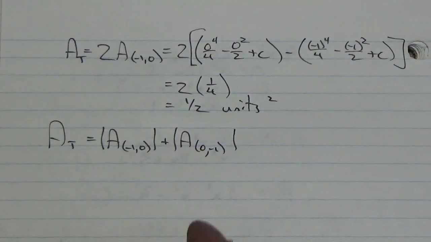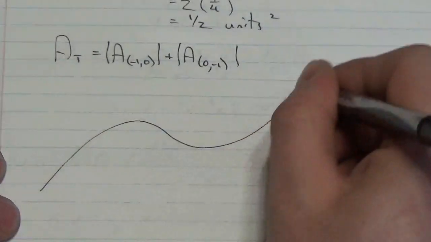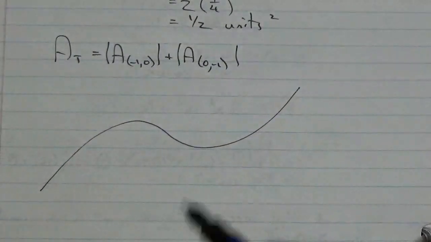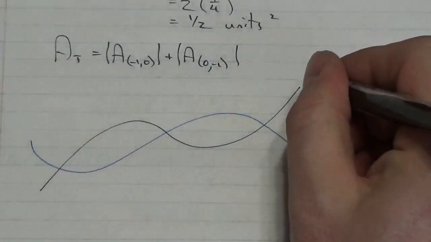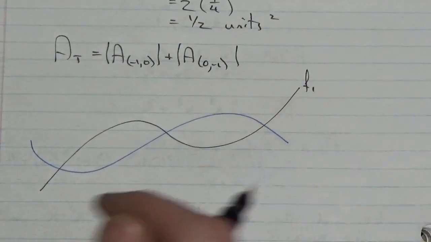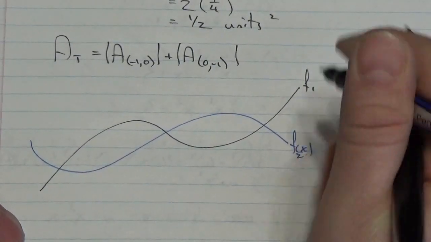Because for example, if you've got two functions that are doing something like this, and let's say my other function looks something like this, and we're finding the area between them. Let's say that this is f1 of x and this is f2 of x.